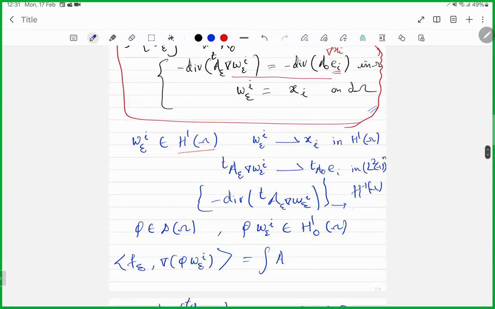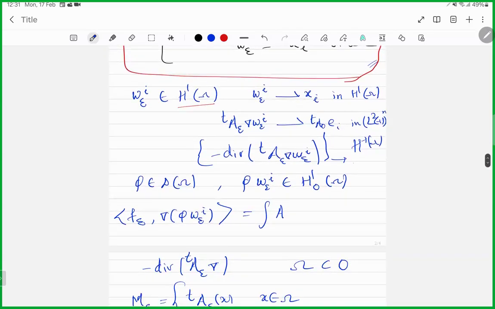Now let's go back. Let's use that as the test function in the star problem that we had. So what do I get by doing that?